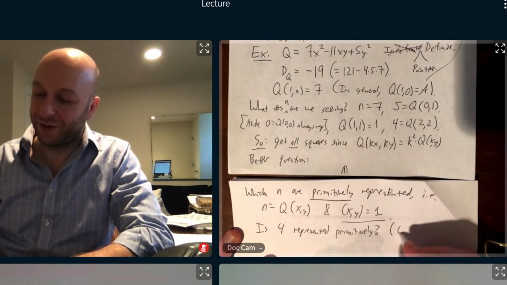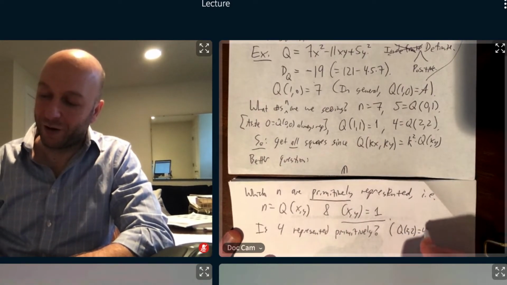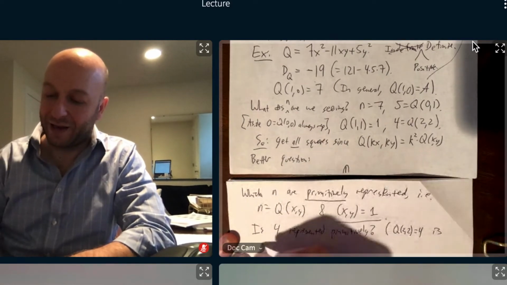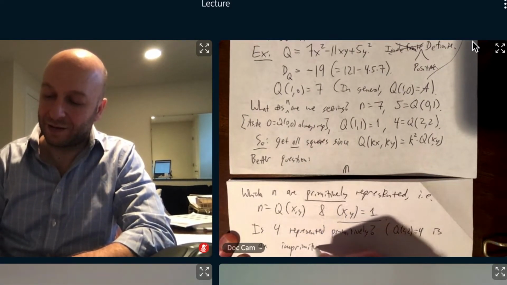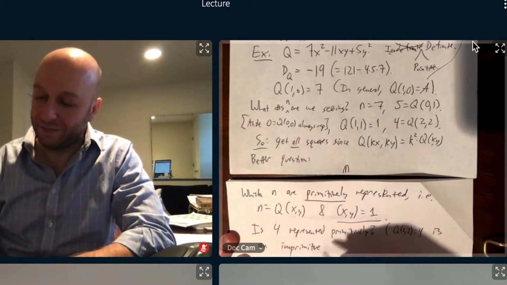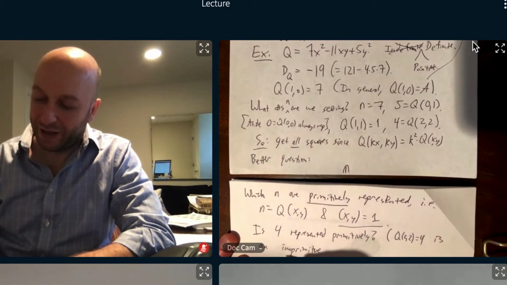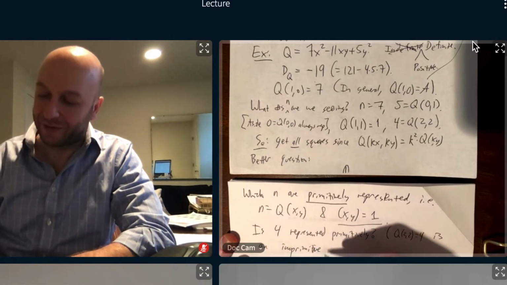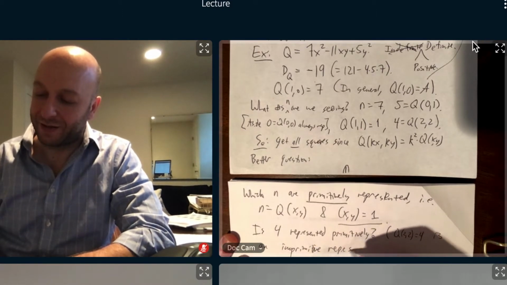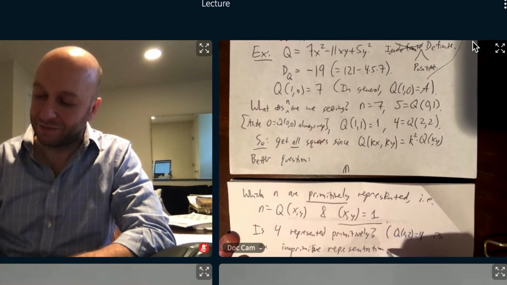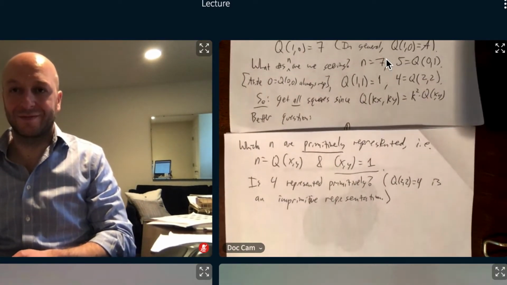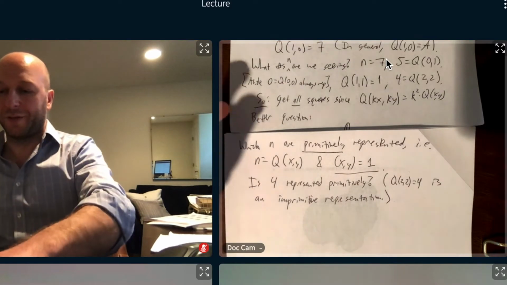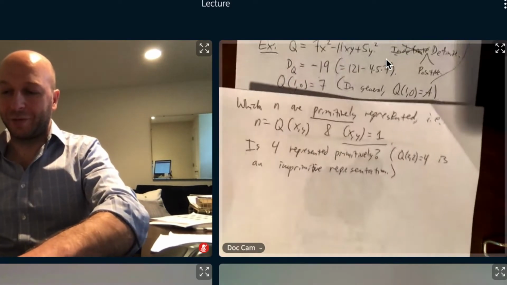So q of 2, 2 being 4 is an imprimitive representation. Let's see, we're losing the form. I want to keep track of the form. There we go.